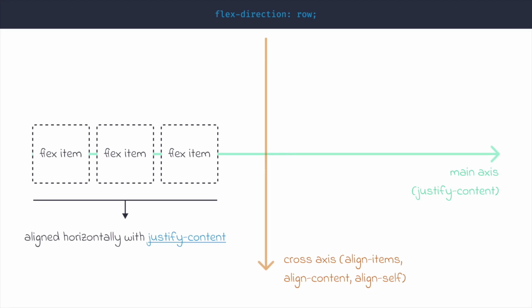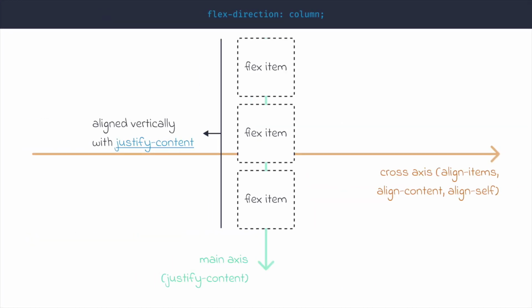Here's what I mean by that. By default, the direction of the main axis is set to row, so horizontal. In this case, justify content will align items horizontally because it works on the main axis. But if we change the flex direction to column, the main axis will now be vertical.